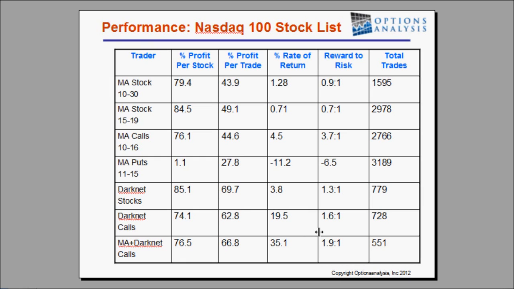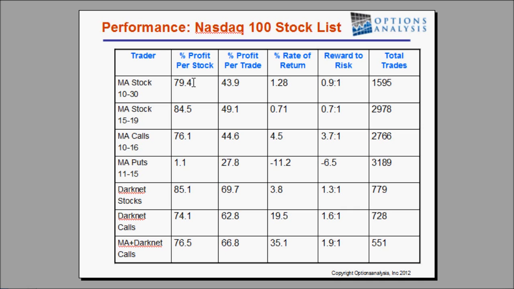Here's a summary chart kind of showing you, using the gray table output, what is happening inside each of these traders for one stock list over the same time period. So here's the very common 10/30 moving average.